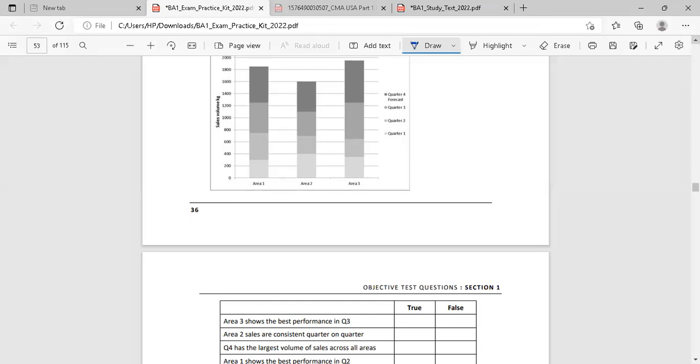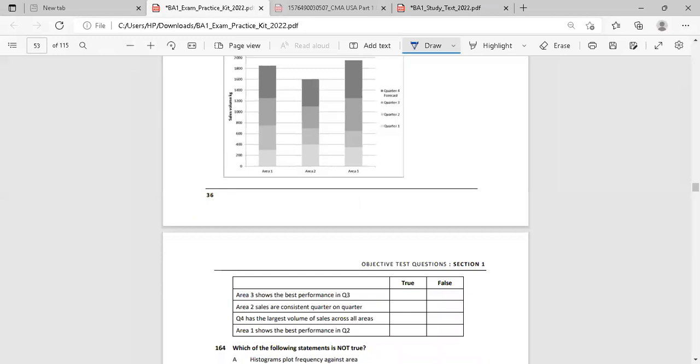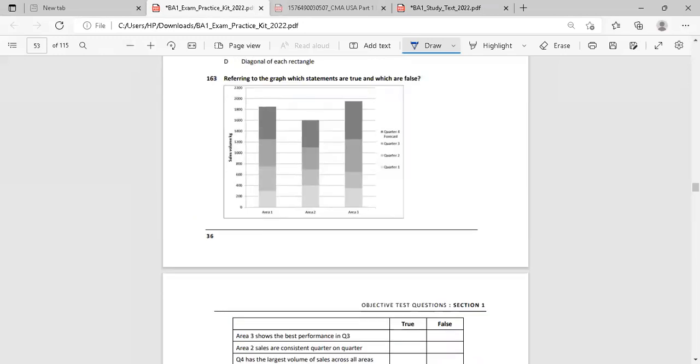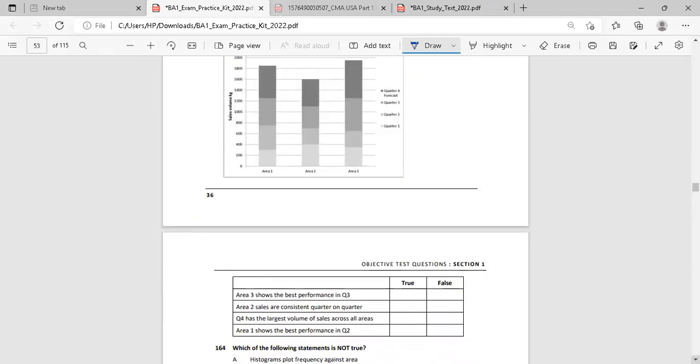Then Q4 has the largest volume across all areas. Area 1 shows the best performance in Q2.